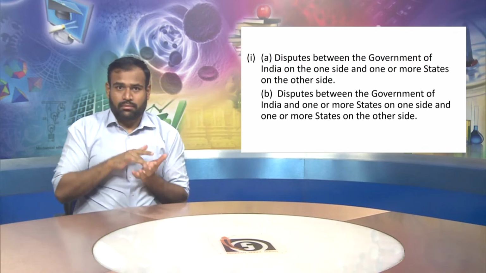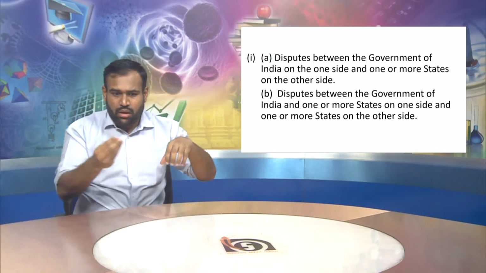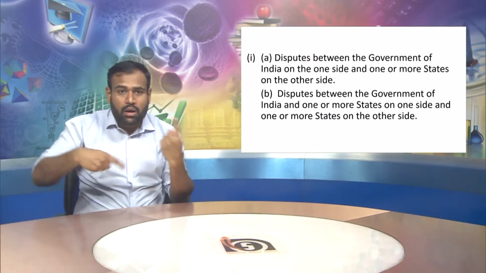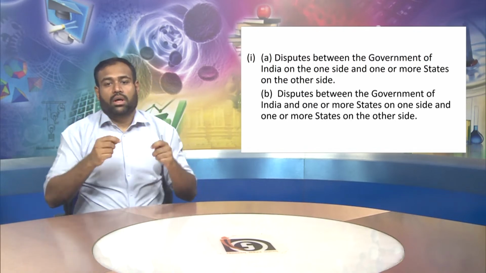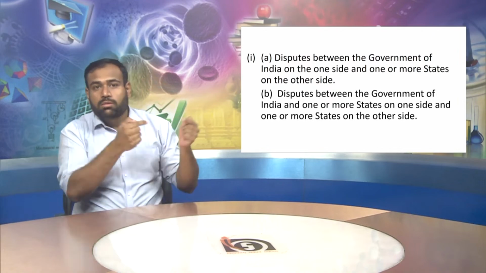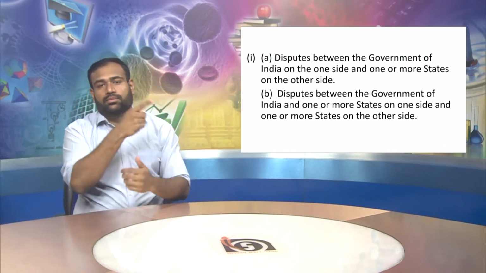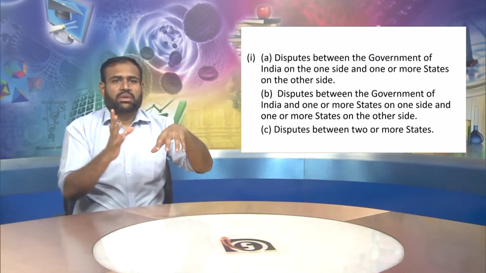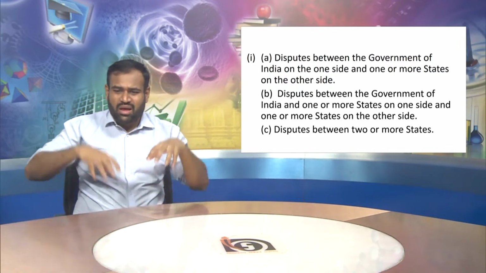B. Disputes between the Government of India and one or more states on one side and one or more states on the other side. Disputes between two or more states.